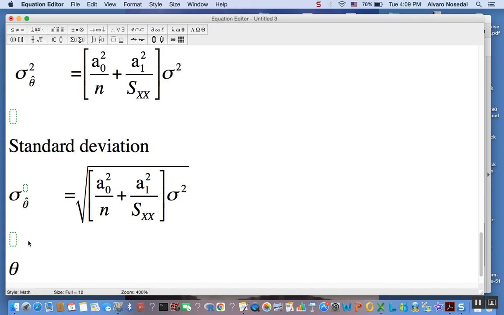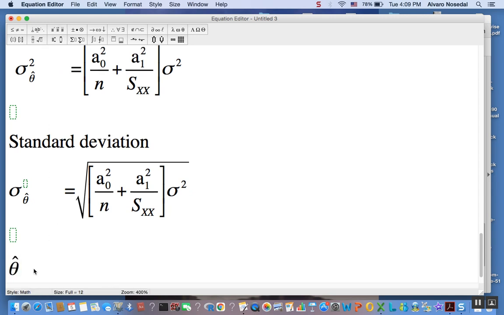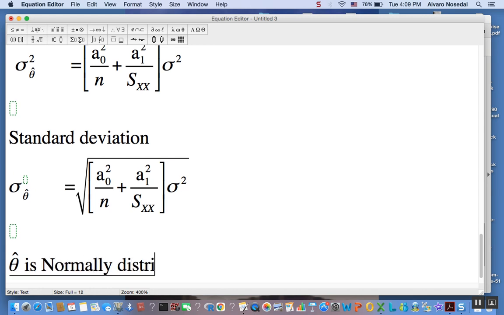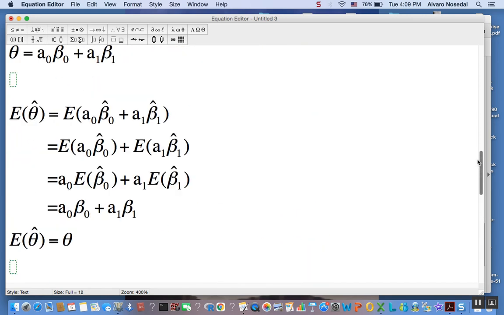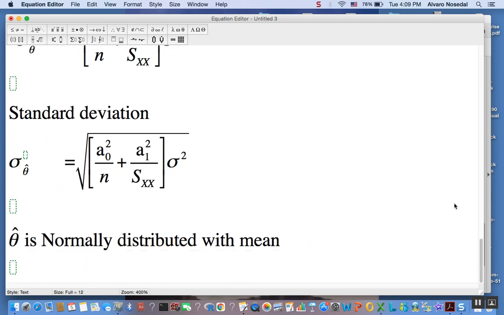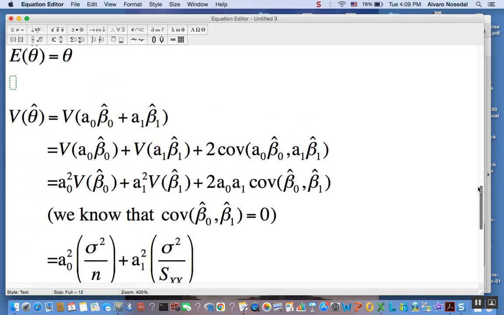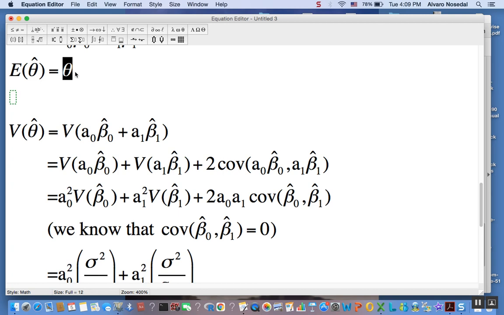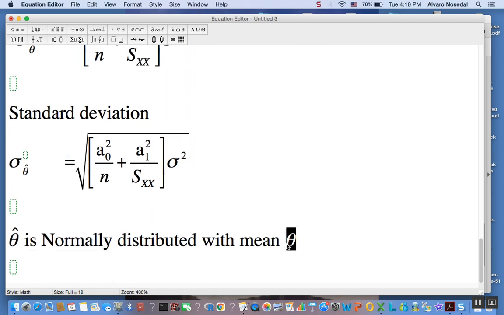Theta hat is normally distributed, with mean, the mean that we found, theta, and standard deviation, this guy.